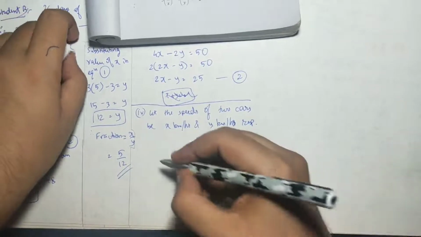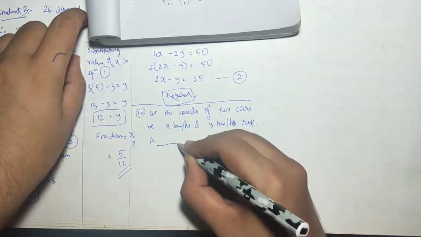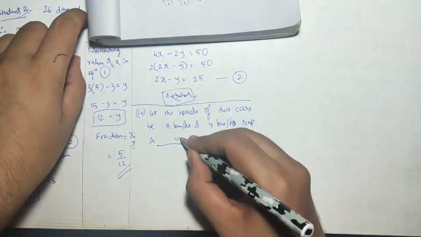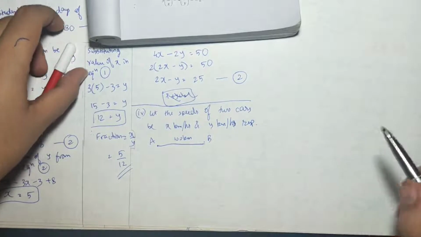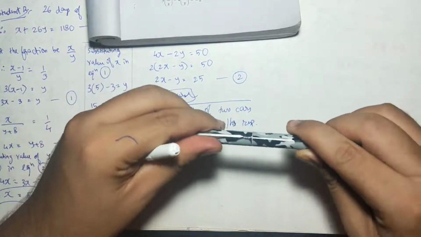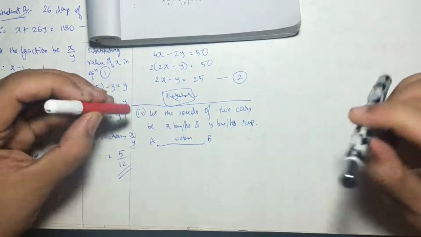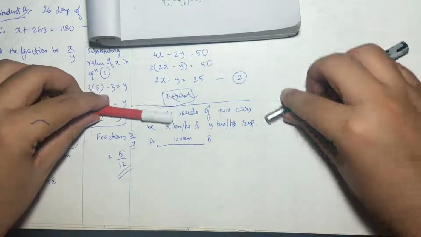Now, there is one point A, there is another point B. The total distance between them is 100 km. Suppose these two are the cars. These are the two positions of the cars. Let me do it this way.